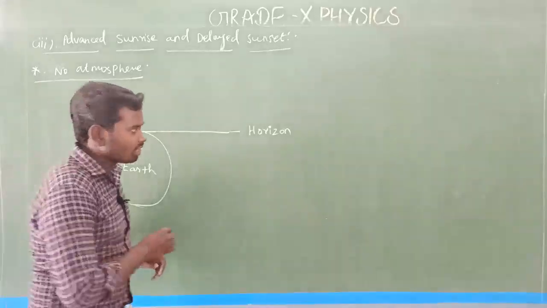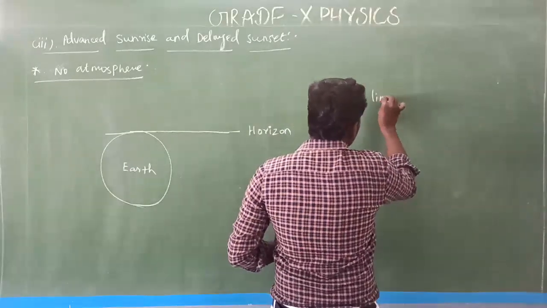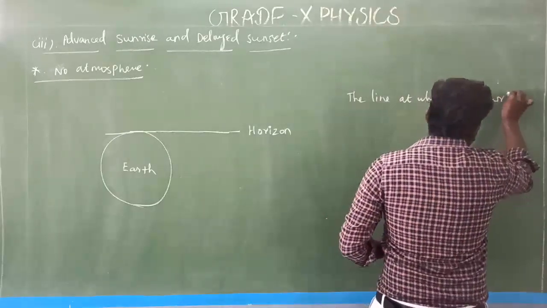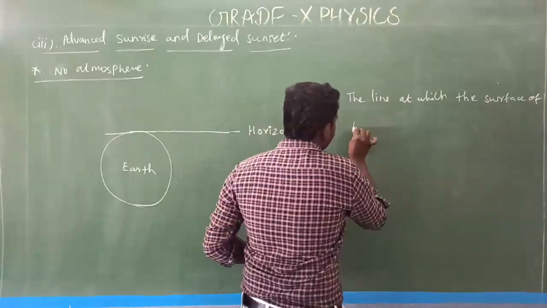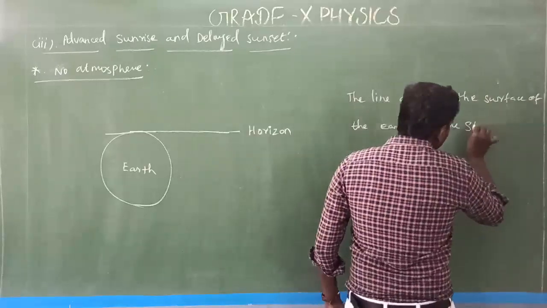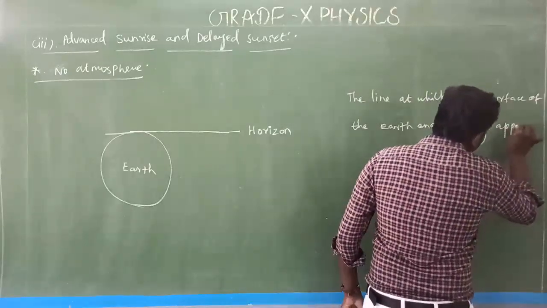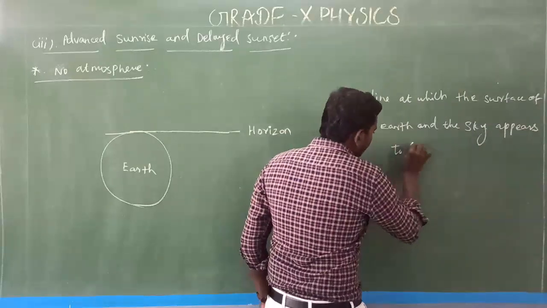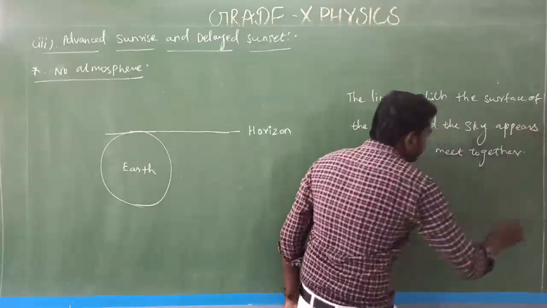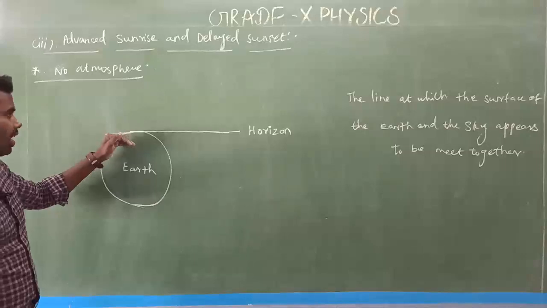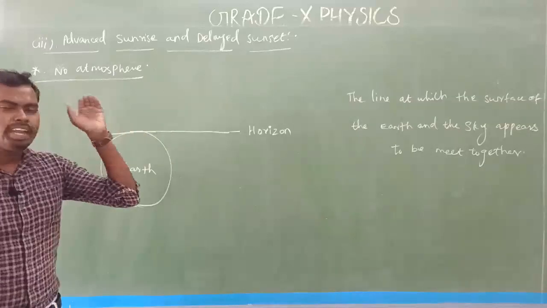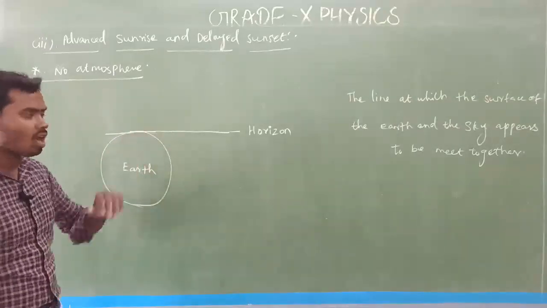What is horizon? The line at which the surface of the Earth and the sky appear to meet together, that is called horizon.